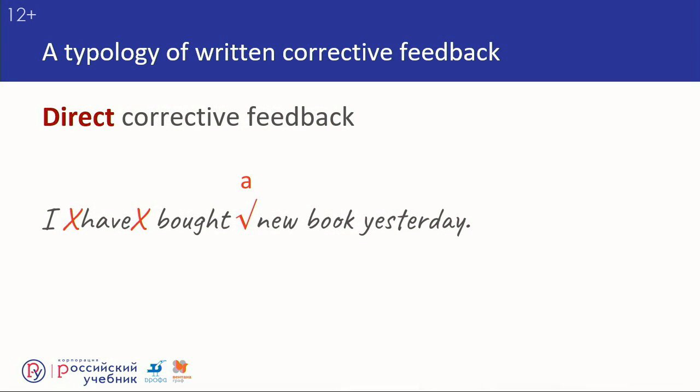What do we do when choosing this error correction strategy? Here, the word have is just crossed out. We cross out the word have, and let's say we insert an article.